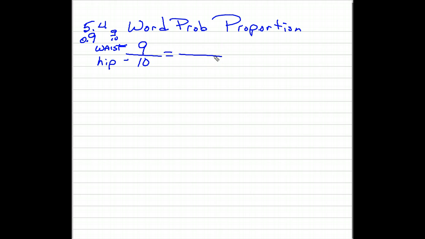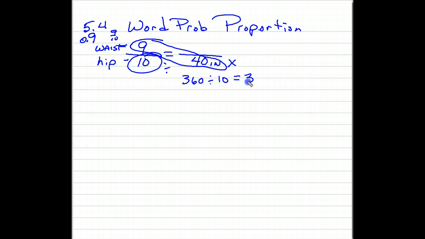Where would we put the 40 inches? The hip measurement is 40. That's why you write this to the side. So you put 40 inches here. And now to find out what his waist should be, multiply these two numbers, divide by 10. So you got 360 divided by 10 gives you 36, and this was in inches, so his waist should be 36 inches.